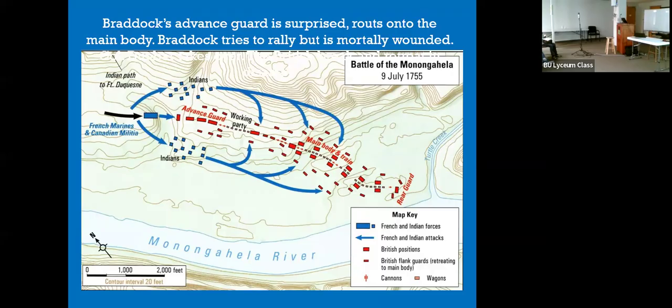He doesn't die immediately, but he is out of it. And while leadership falls down, you have to remember, in the confusion of battle, Braddock is hit. Off he goes. You've got to find the guy who's in command. You have to let everybody know he's in command. And in all this confusion, for that guy to be able to exert his influence becomes very, very unlikely.